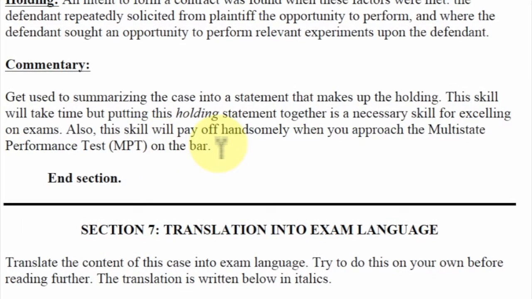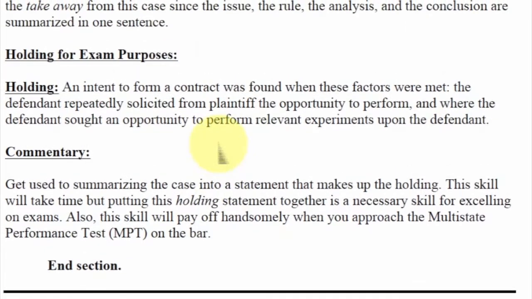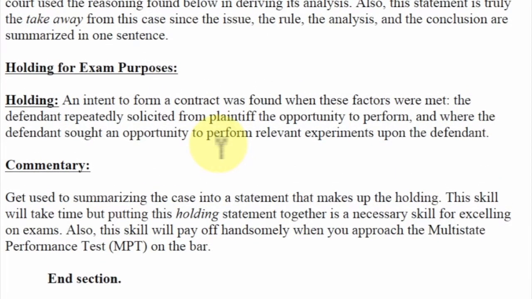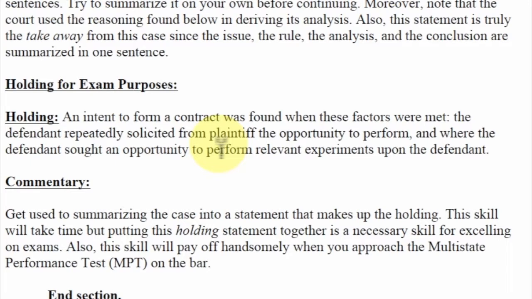The commentary says you want to get to the point where you can develop a holding and use one sentence to summarize the case. The holding here for the exam has the issue, the rule, the analysis, and the conclusion. When you get to the bar exam, you're definitely going to have to know how to do a holding for one case.